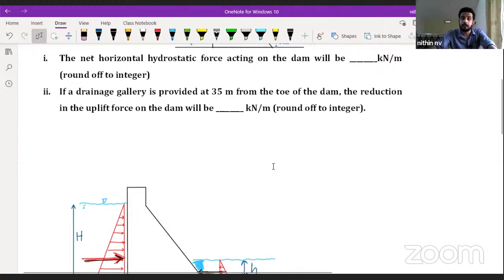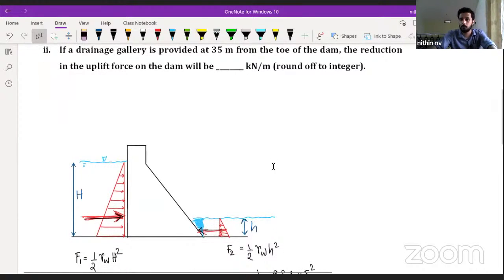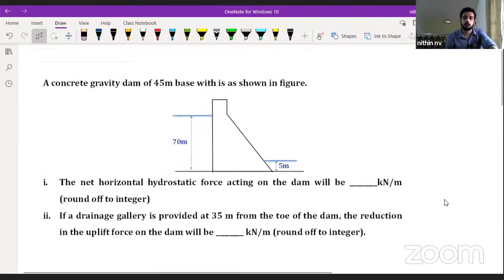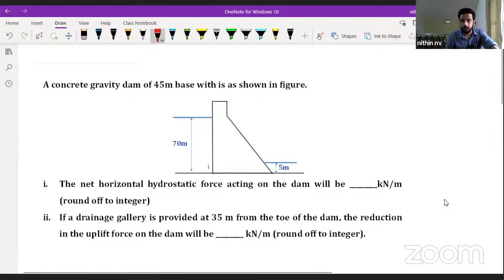And if a drainage gallery is provided at 35 meter from the toe of the dam. So what is toe? For a dam, the other end is nothing but the heel. Remember, this is the heel, that height portion, and this is the toe. Now what is given? 35 meter from the toe, means somewhere here.